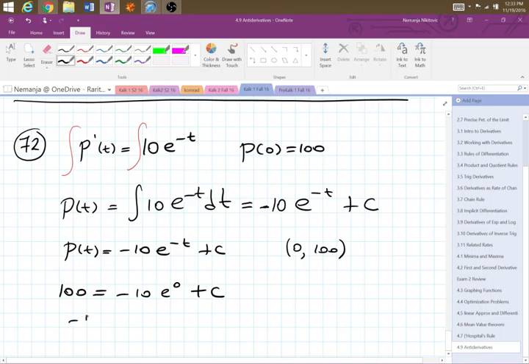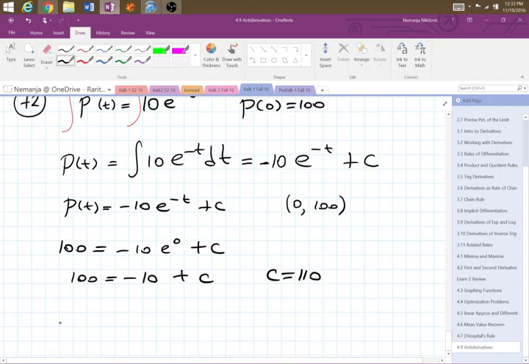So 100 is equal to negative 10 because e to the 0 is 1, plus c, so c equals 110. So what's the function p of t? It's called the particular function because it's the function determined by the point. The answer is negative 10e to the minus t plus 110.